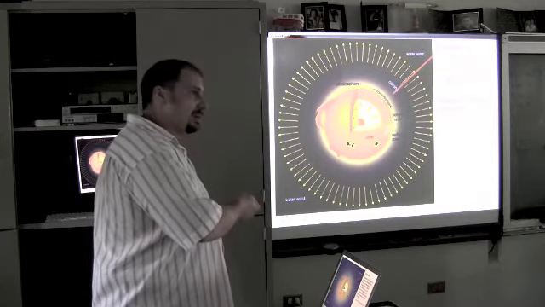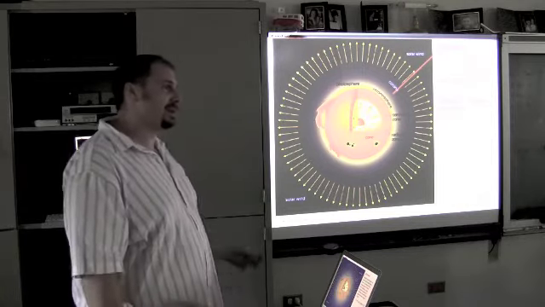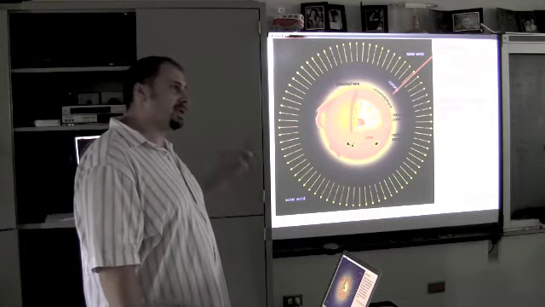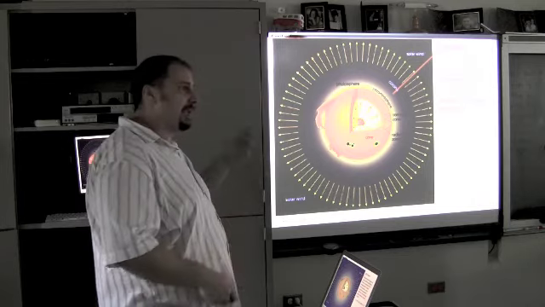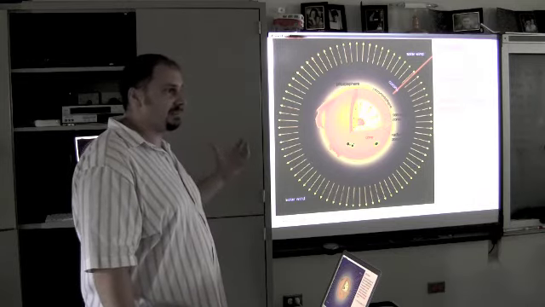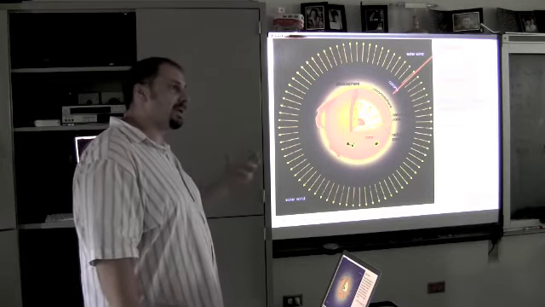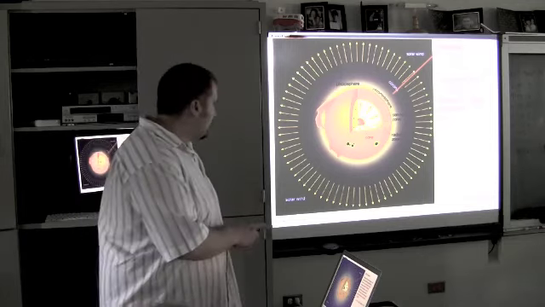But the magnetic field does not decrease exponentially, so there is a height at which the magnetic field energy is comparable with the kinetic gas energy. And above that height, the magnetic field contains at least 1 or 2 orders of magnitude more energy than any other form of energy, gravitational energy, kinetic gas energy, and so forth.